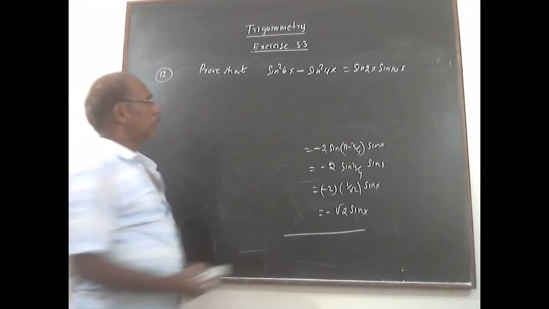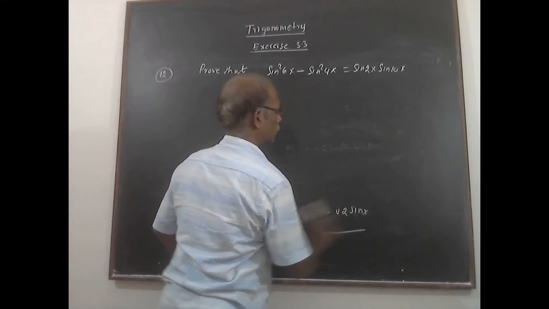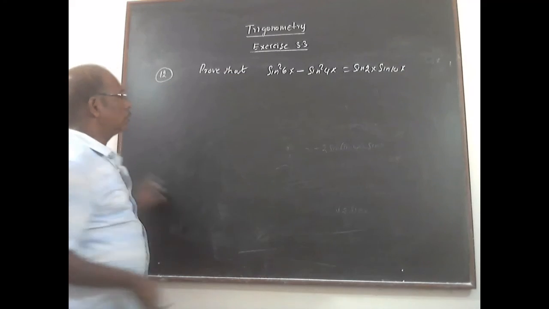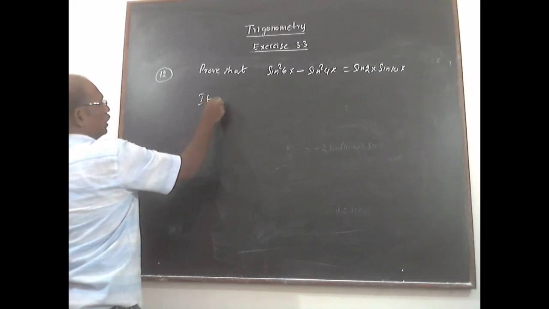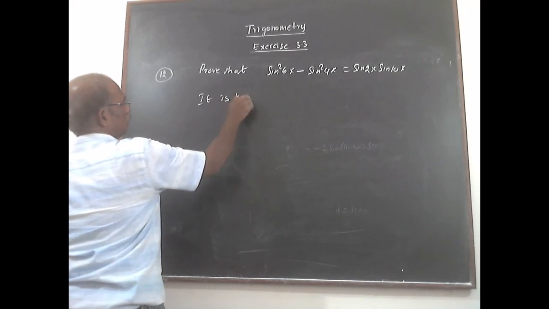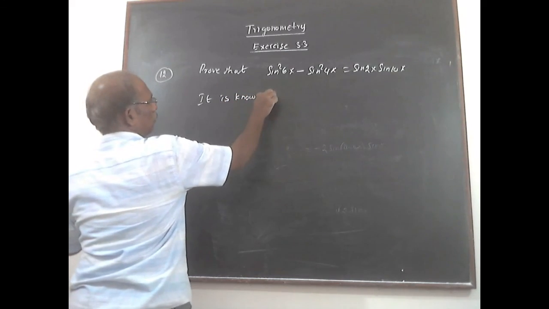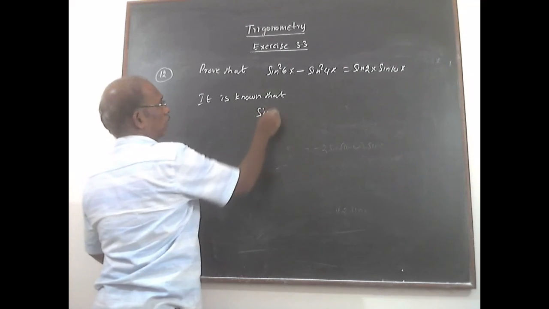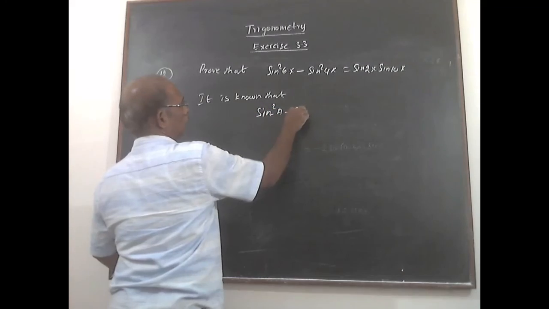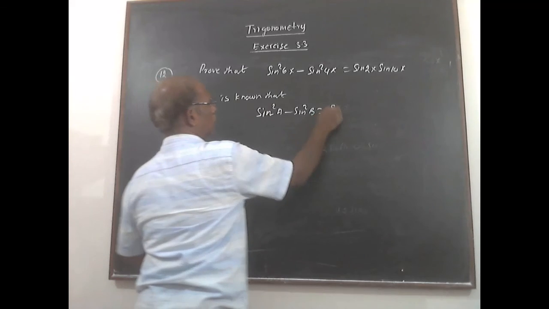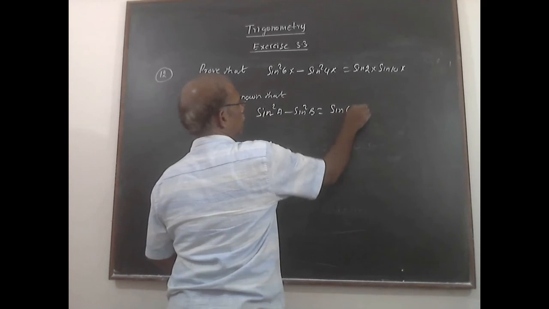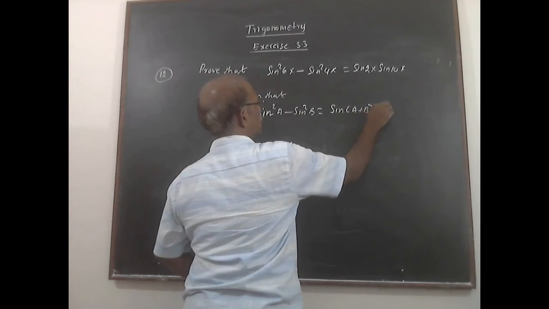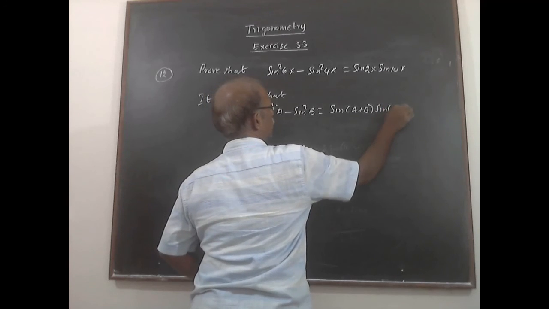So dear student, you have to remember it is known that one familiar identity: sin square a minus sin square b is equal to sin of a plus b into sin of a minus b.